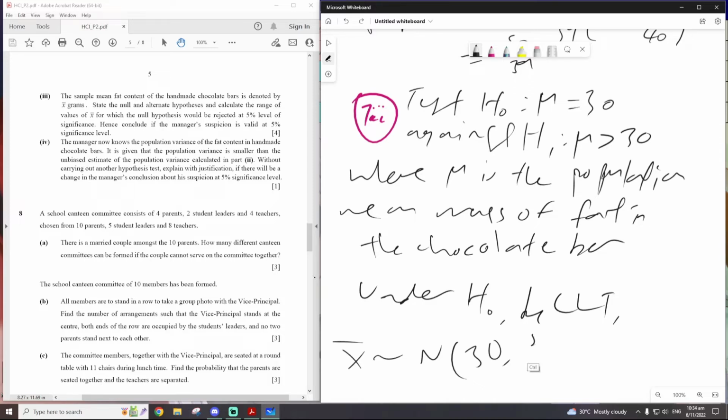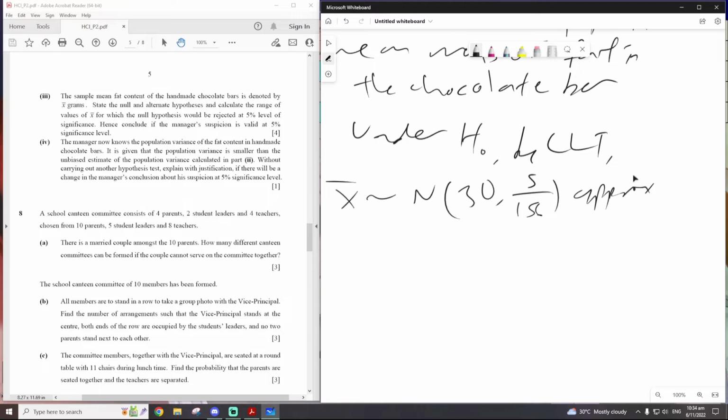So you do 50 over 39, then divide by 40, because that's the sample size. So 5 over 156, approximately. Then of course you standardize. Z equals X bar minus 30 divided by the square root of 5 over 156, which follows the normal distribution.